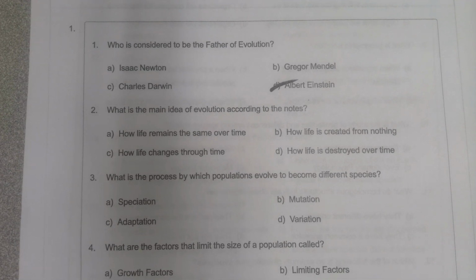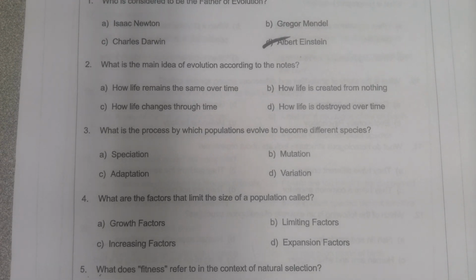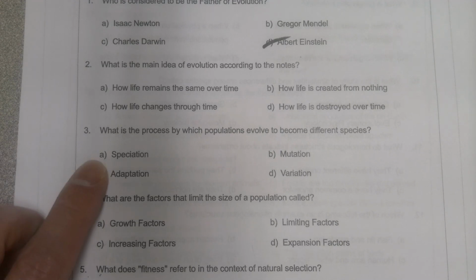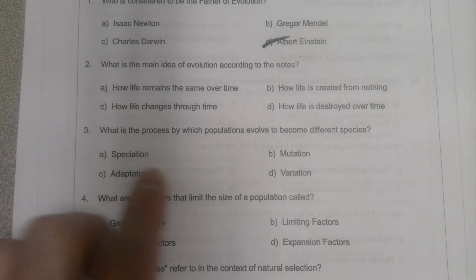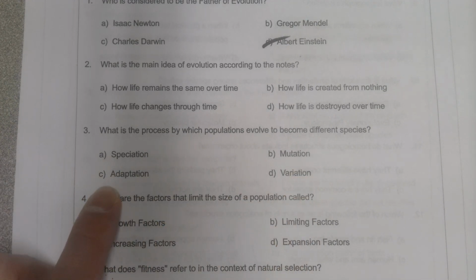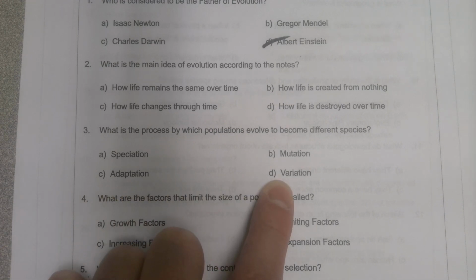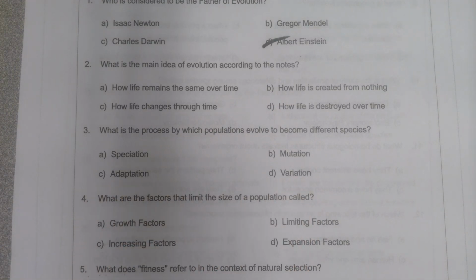Question number three. What is the process by which populations evolve to become different species? Is it A, speciation? Is it B, mutation? Is it C, adaptation? Or is it D, variation?